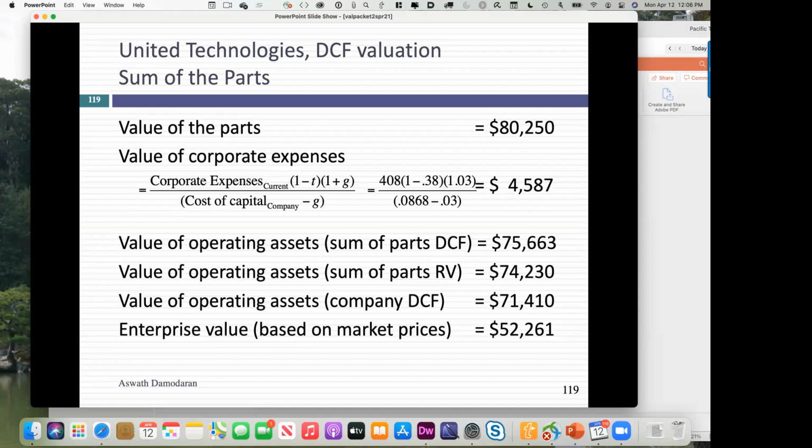Now, if I'd allocated this expense to my divisions, I'd have lowered the EBITDA at each division and come up with lower values. So there are 2 choices. You can either allocate across the divisions and get rid of this shared cost, or you can treat it as a corporate cost, a deadweight cost that you take the present value of and reduce from your overall intrinsic valuation. If you're doing a pricing, do the former. If you're doing an intrinsic valuation, my suggestion is the latter is probably a better way to do it. Okay, thank you.